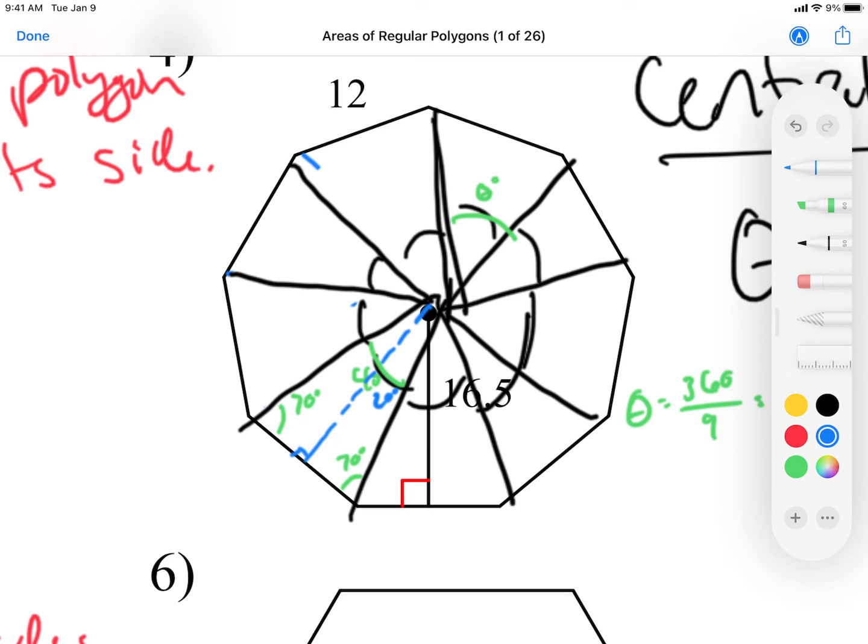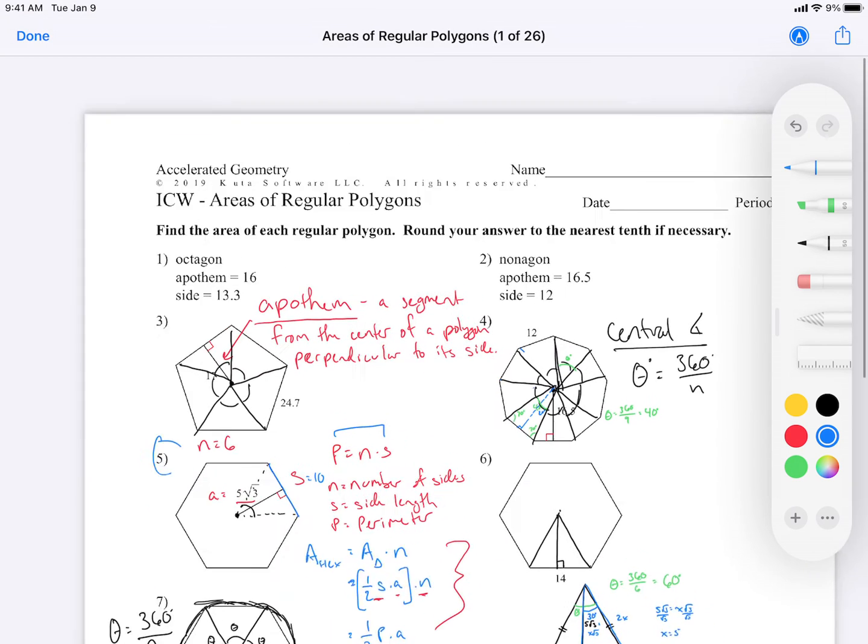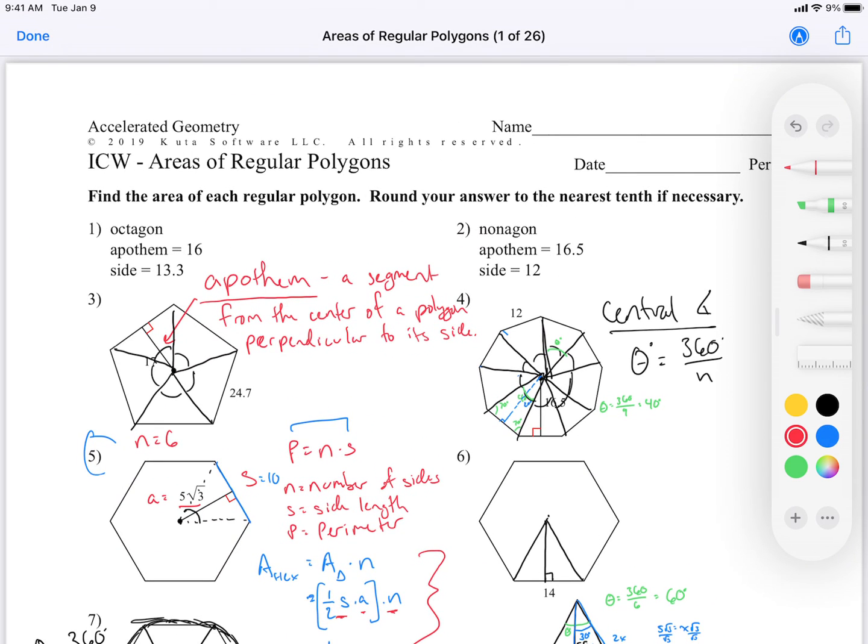I'm actually going to have to use trig, remember sine, cosine, tangent, in order to find the missing sides. Okay, so you may have to use trig, so please remember SOH CAH TOA.